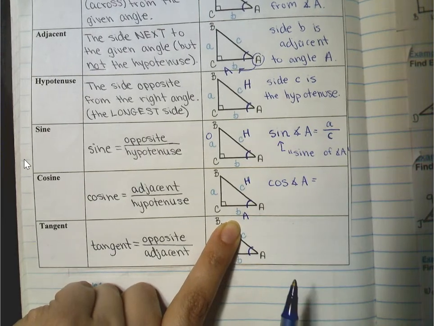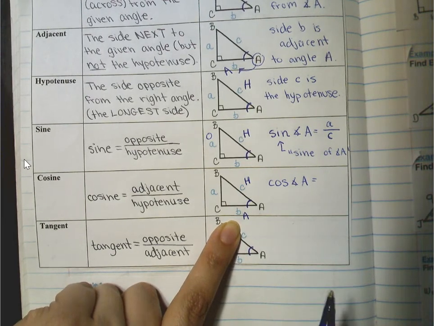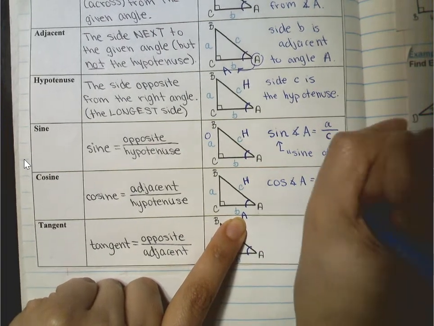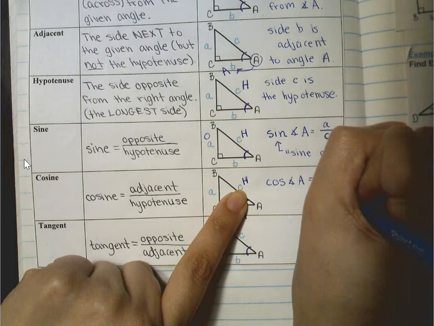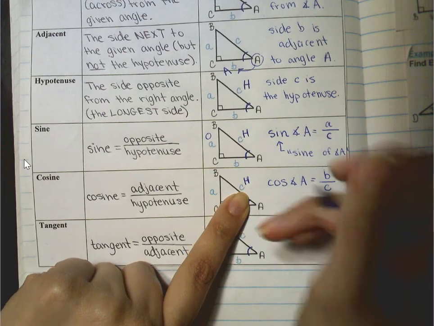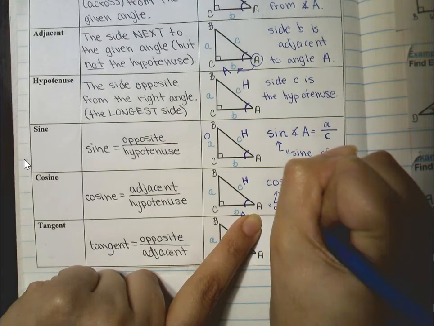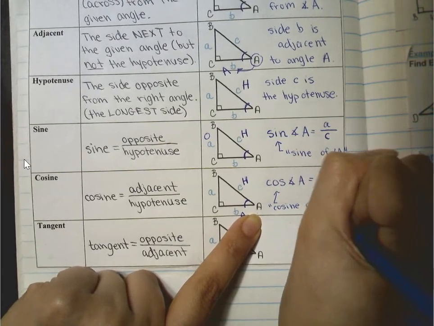So cosine of angle A is going to be adjacent, which is side B, over hypotenuse, which is side C. And the way you read that, it's cosine of angle A.